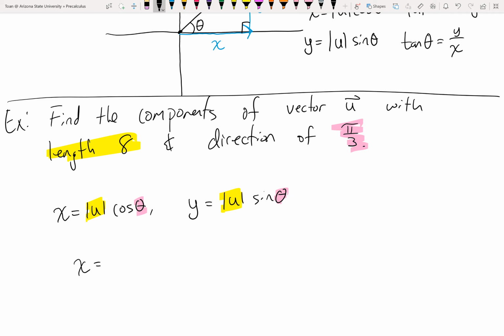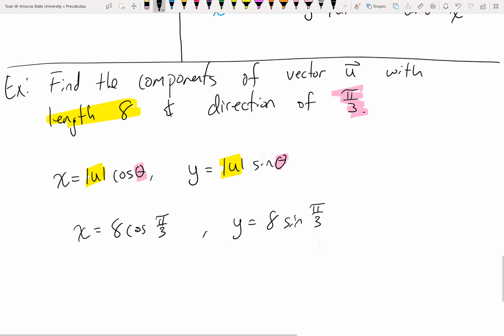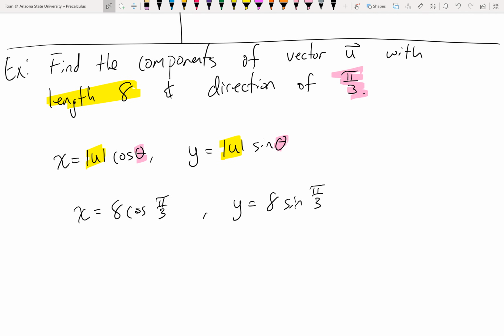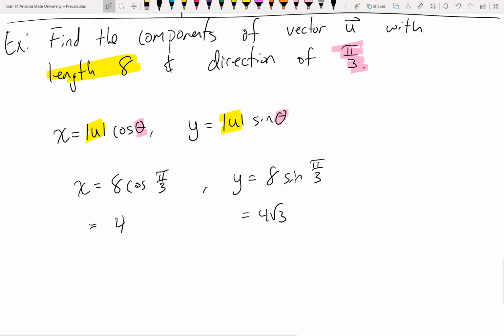So x equals 8 cosine of pi thirds, y equals 8 sine of pi thirds. Since these are special unit circle angles, I expect you to be able to do this without a calculator. Cosine of pi thirds is 1/2, so that's a 4. Sine is radical 3 over 2, so that's 4 rad 3. So there are the components.